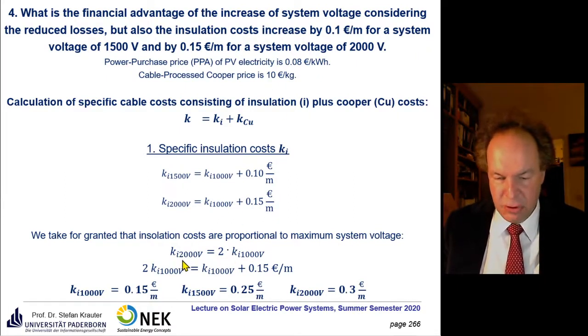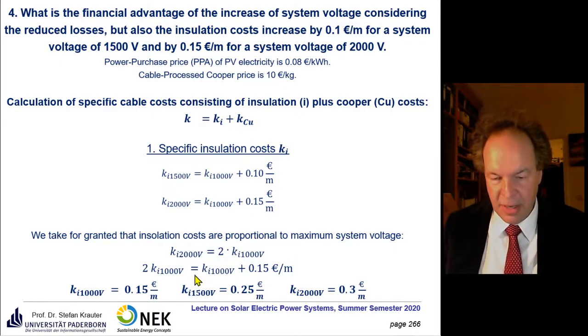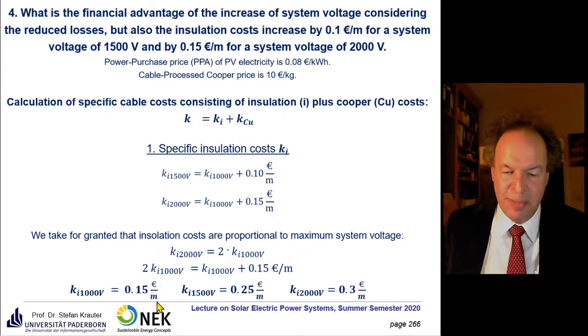So the cost for the insulator at 2000 volts is double the cost for 1000 volts. If you put it in a formula, we substitute this by that. So we have 2 KE 1000 volts equal to KE 1000 volts plus 0.15. So we divide it by KE 1000 volts, and KE 1000 volts is equivalent to 0.15 euro per meter.